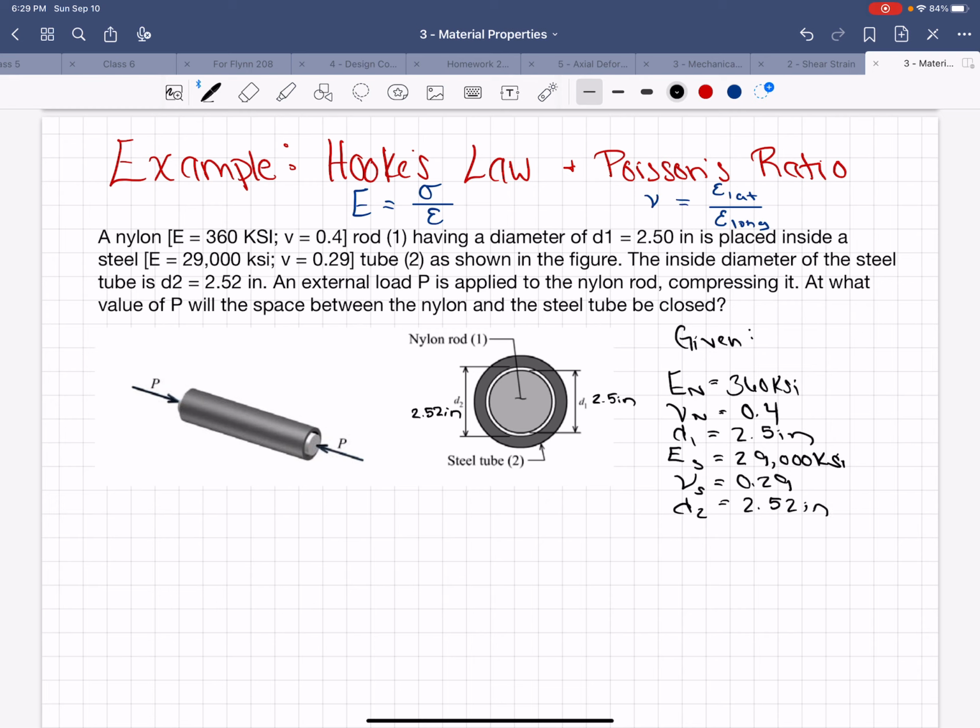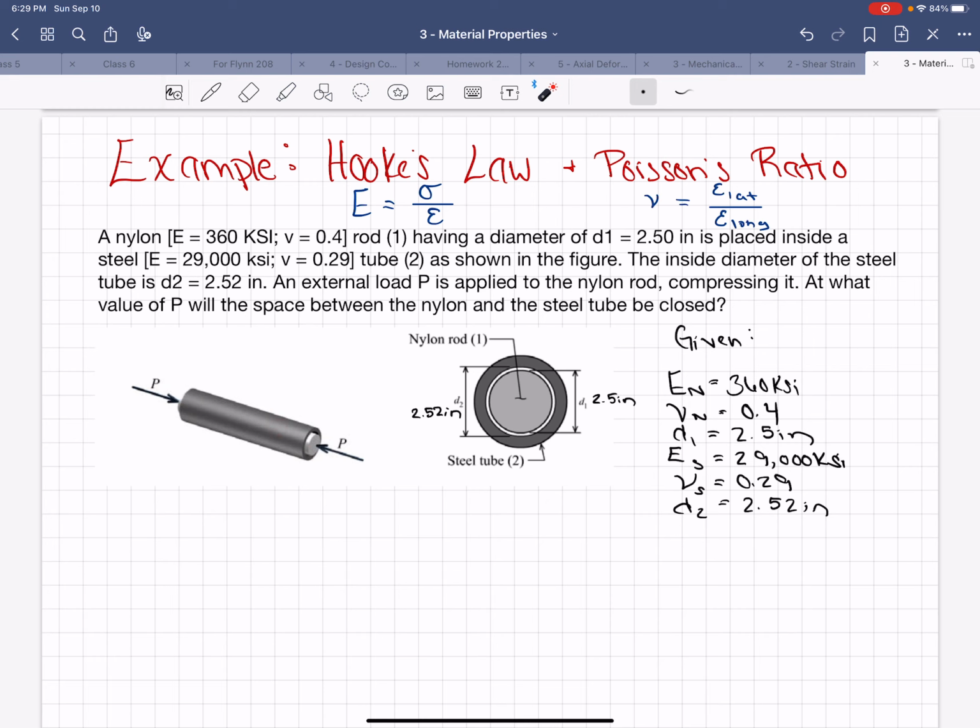2.52 inches. So what's going to happen here is this external load P is going to be applied to the nylon rod, compressing it. When we compress things, we make them shorter, which means they're going to get fatter. So they're going to get shorter in the longitudinal direction and fatter in the lateral direction.